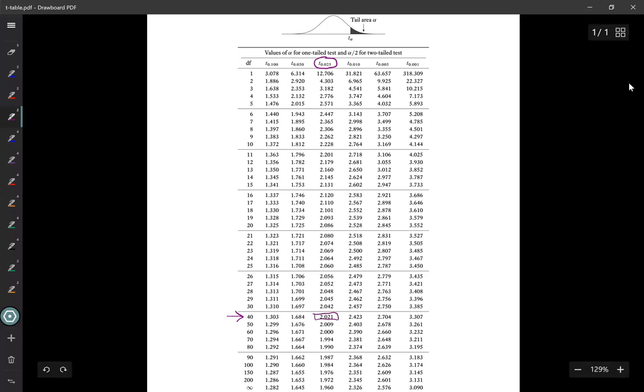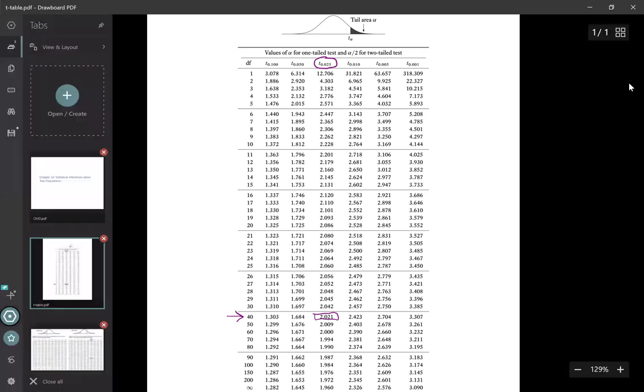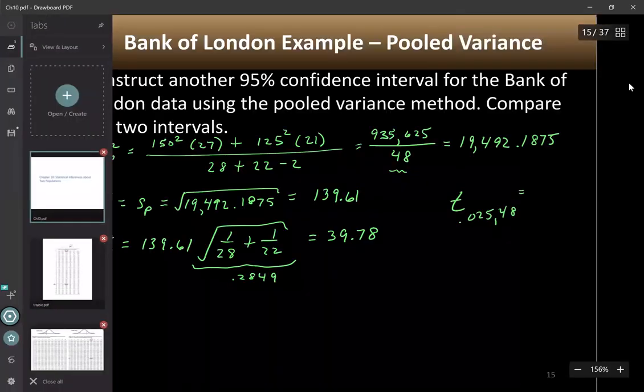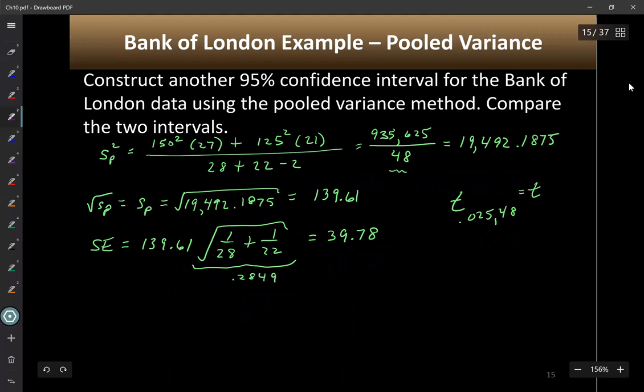If you round up, you'll get a smaller t, so it's best to err on the side of caution and use the larger t. So always round down if your degrees of freedom is not on the table. So that's the value we will use, 2.021. That's going to be t of 0.025 with 40 degrees of freedom, which equals 2.021. And we're ready to go now.